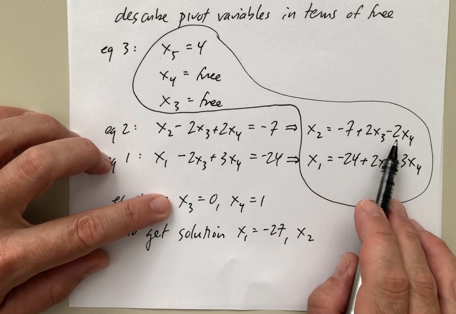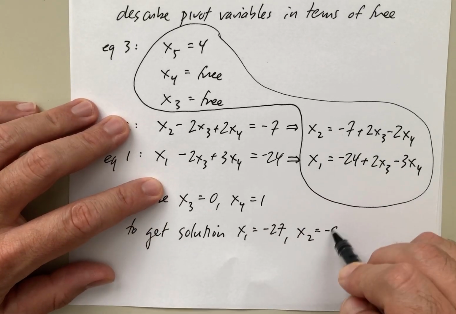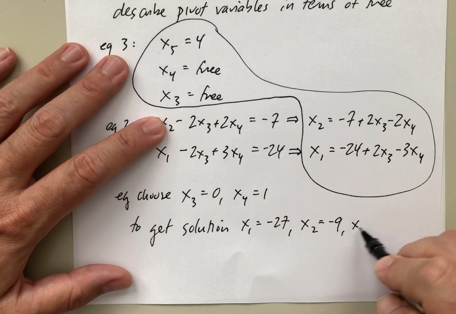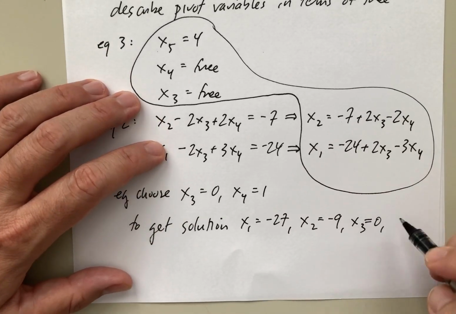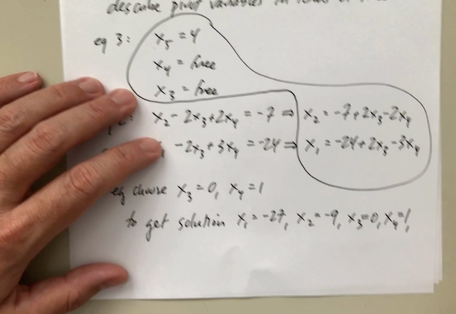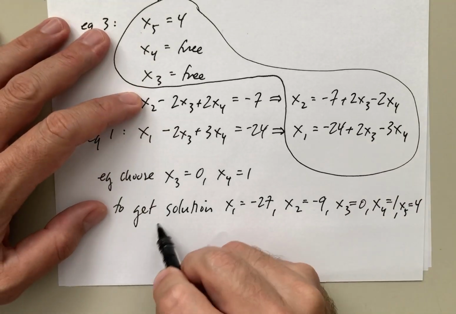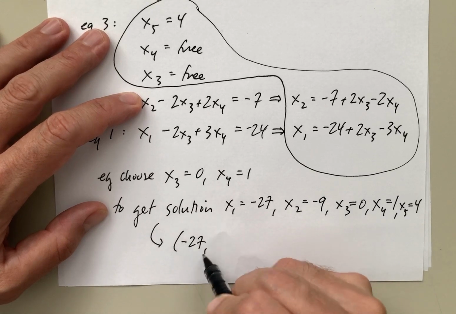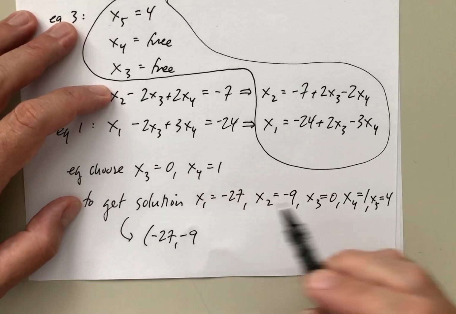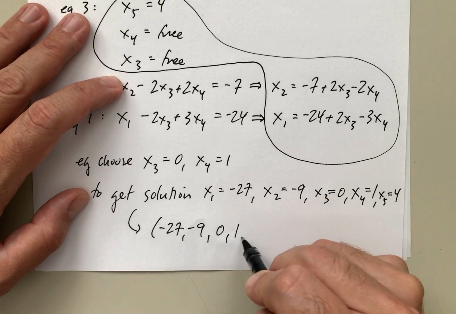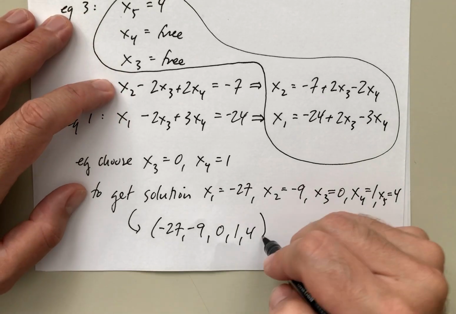So minus 7 minus 2 is minus 9. And then we know what x3 is, we chose it to be 0. x4 we chose to be 1. And x5 always has to be 4. So the solution I would write as minus 27, minus 9, 0, 1, 4.